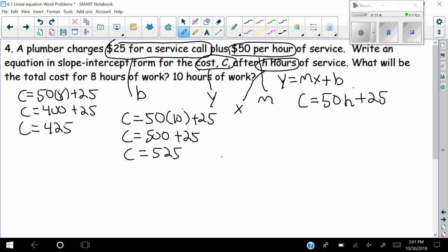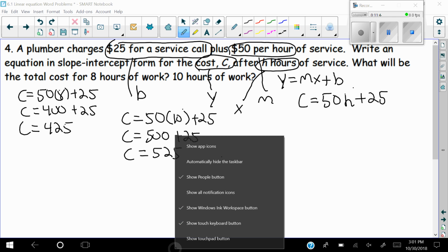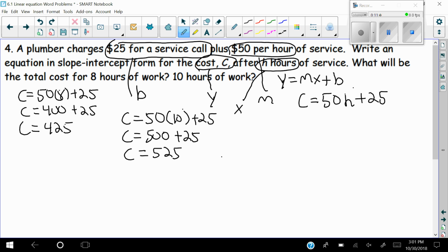Okay, so after 8 hours, you get $425, and after 10 hours, you get $525.